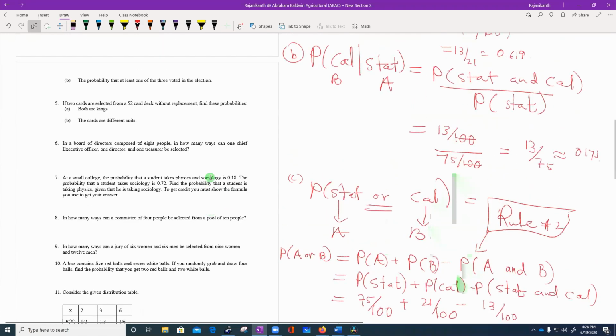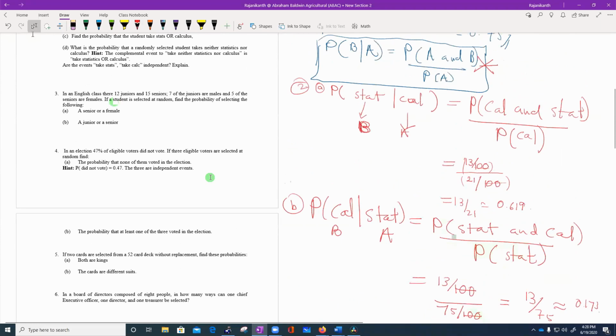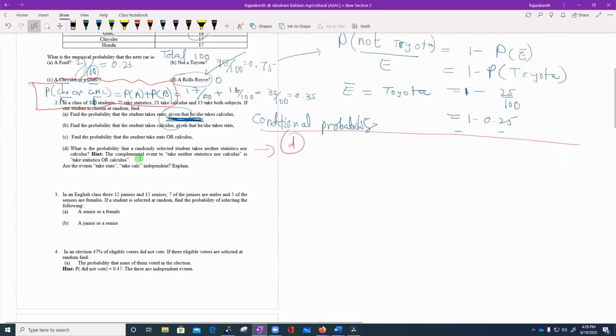So now we have the last part D. What's the probability that the randomly selected student takes neither statistics nor calculus? You could think of this as event E. Now I'm going to use the complement technique.